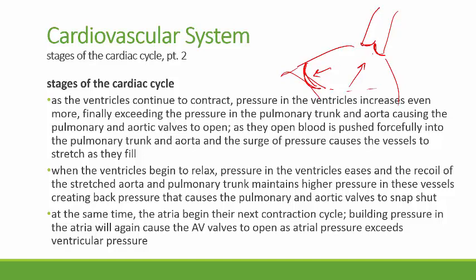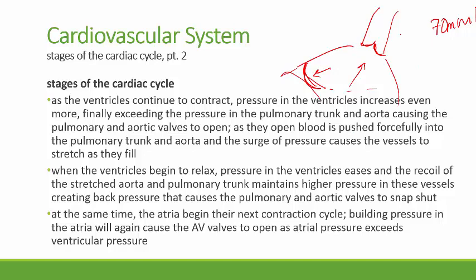As pressure increases, now it's the pressure here in the aorta that the ventricles have to overcome. If you think about a person who's healthy, maybe their pressure is about 70 millimeters mercury in the aorta. That would be the lowest blood pressure that we're imagining here in the aorta.